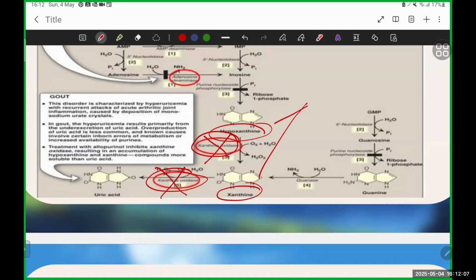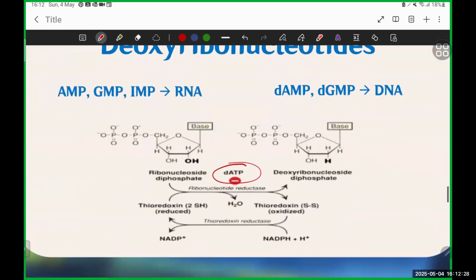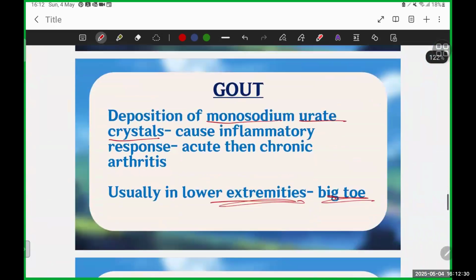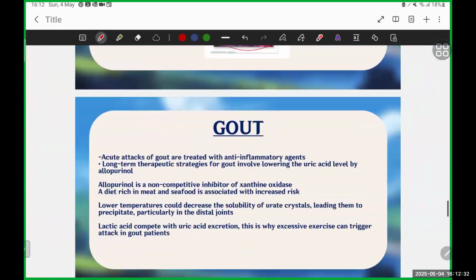So it's better that we have xanthine and hypoxanthine in our blood, because then they can get excreted in urine, unlike uric acid, which is first of all not soluble, and second, it forms crystals and then causes gout and bony arthritis eventually. So remember, allopurinol.